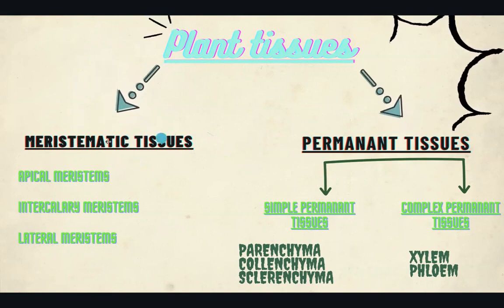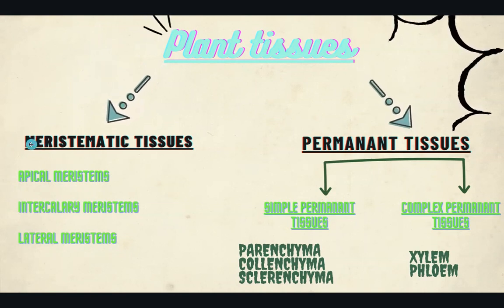If we consider these two separately, they do divide according to the functions they perform. Meristematic tissues have three main parts, because the growth of the plant and its activity is because of this tissue.